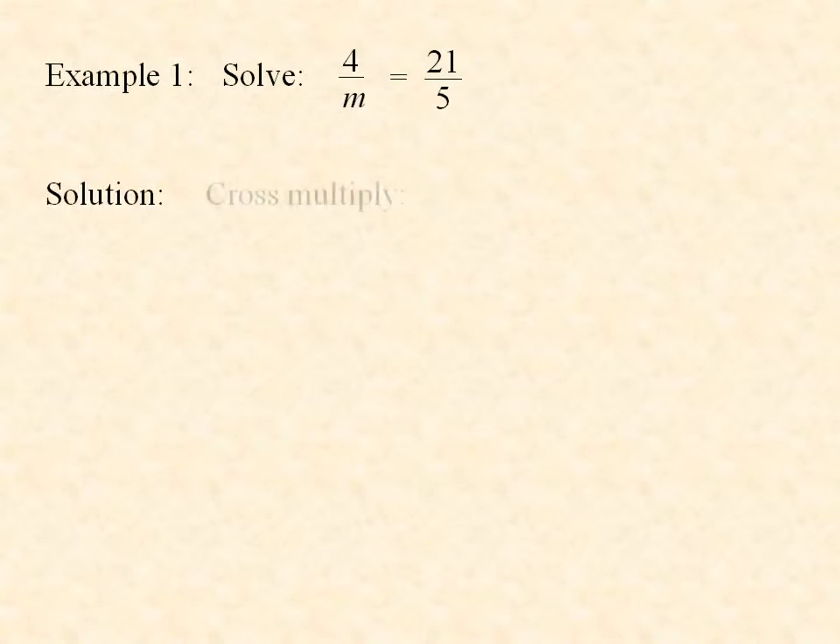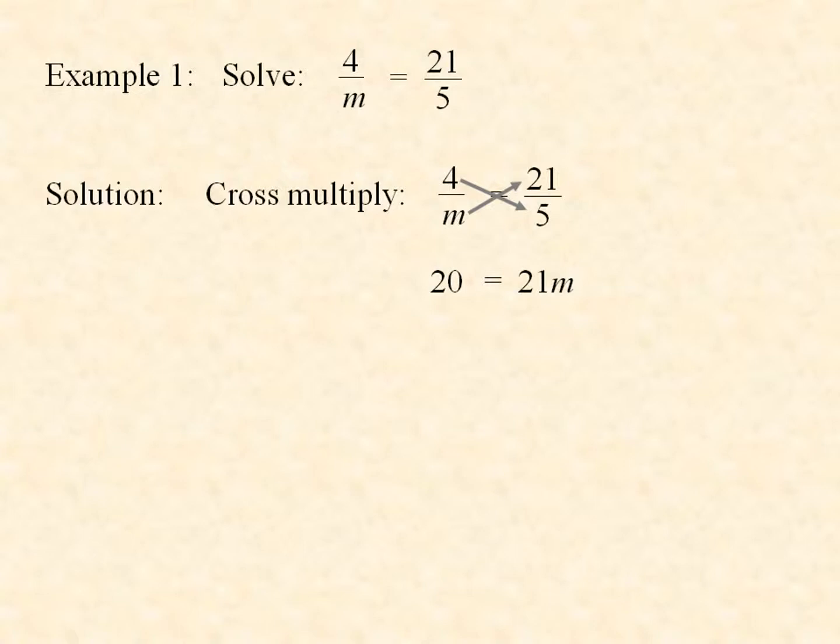Well, we cross multiply. 4 times 5 is equal to m times 21. So 20 is equal to 21m. Now divide by 21, and we find m is 20/21.